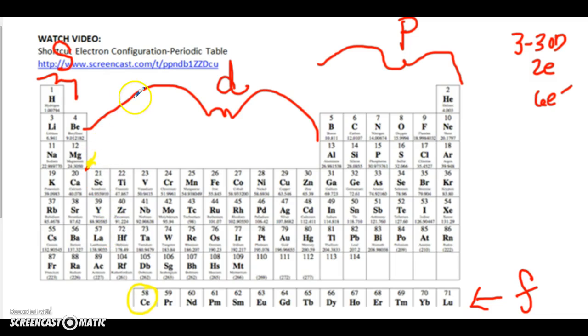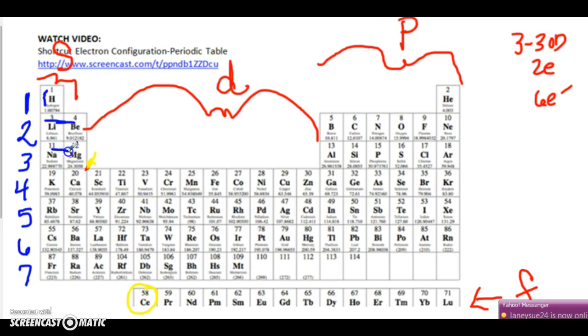Let me change my color again. For our S, remember, we start with 1, and I just label right down here. So here is 1s, 2s, 3s, 4s, 5s, 6s, etc.